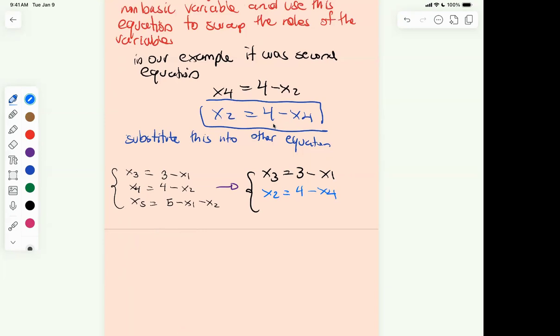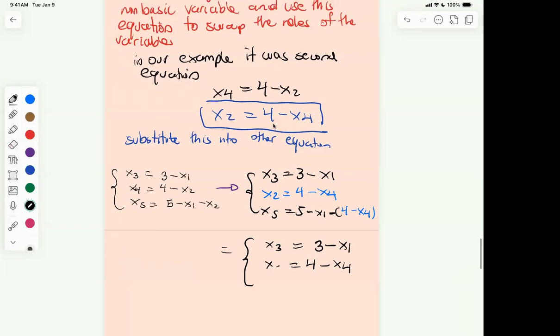And then the last one is 5 minus x1 minus x2, but x2 is 4 minus x4. Okay, is that making sense? Let's rewrite this in a more simplified way. That gives you that x3 equals 3 minus x1, that x2 equals 4 minus x4, right? And that x5, okay, 5 minus 4 is 1, so you get 1 minus x1 plus x4, right?